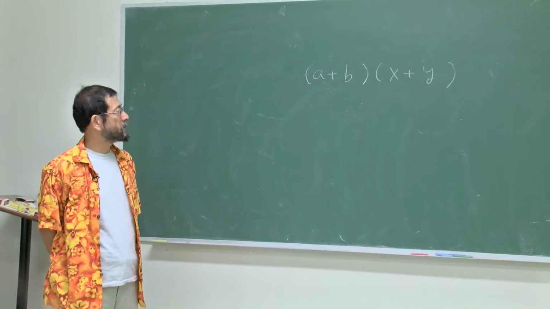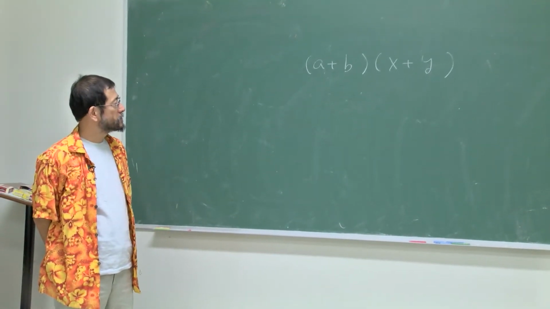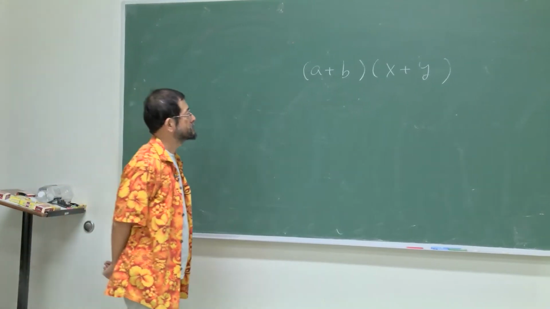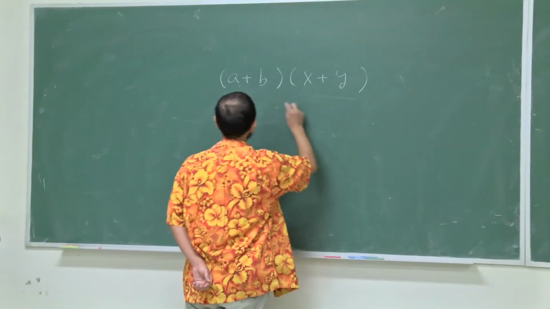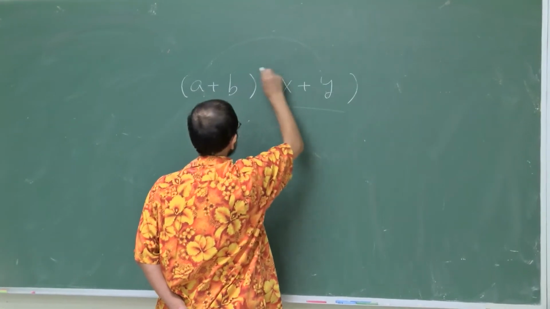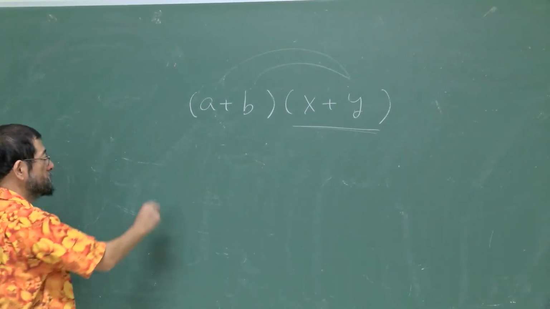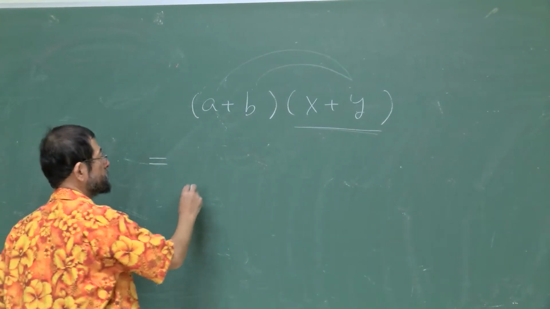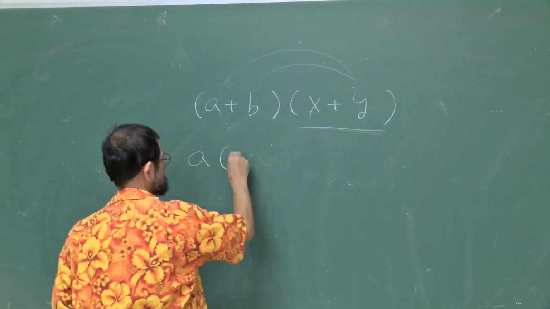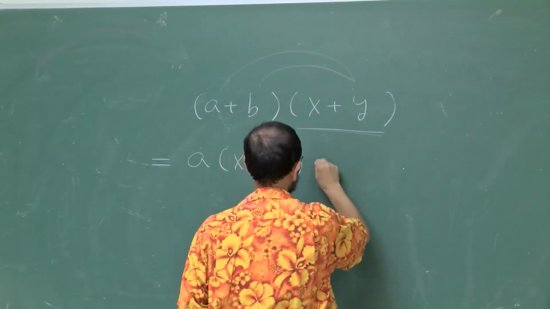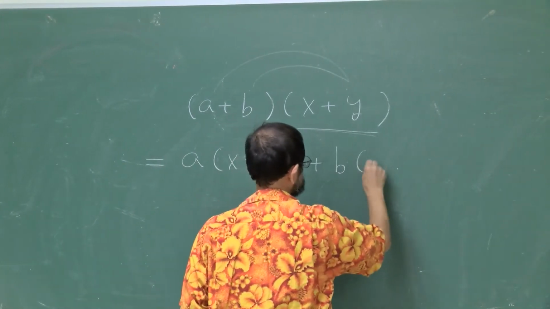Then you can actually multiply these two using the distributive law. So for example, you can distribute a and b to the quantity x plus y. So this is equal to a times x plus y, then plus b times x plus y.